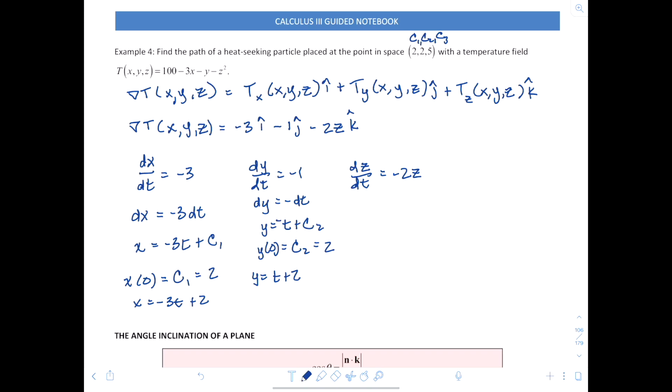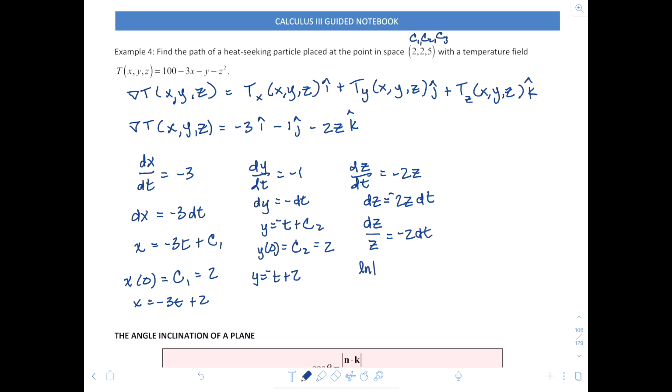I'm sorry, we'd have a negative right here. So dz would equal -2z dt, and then dz over z would be equal to, and this again is -2 dt.